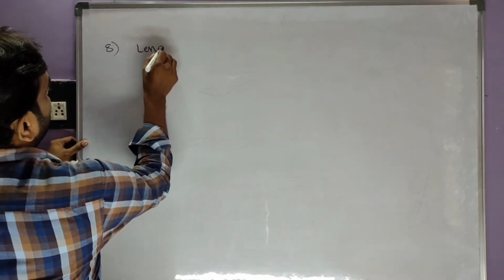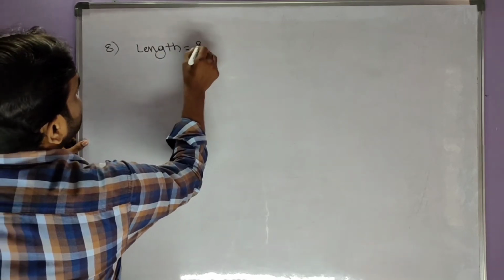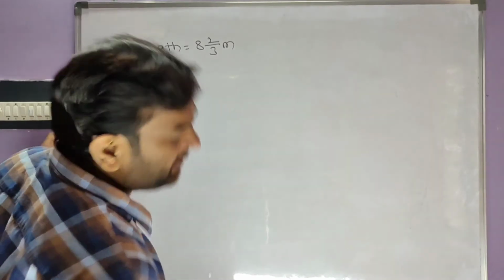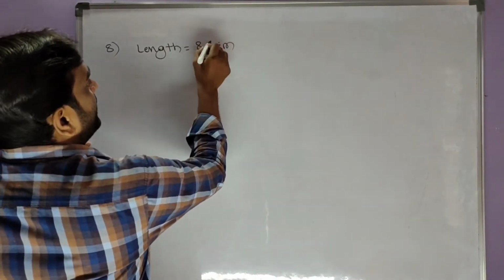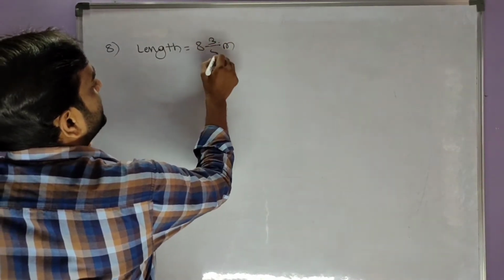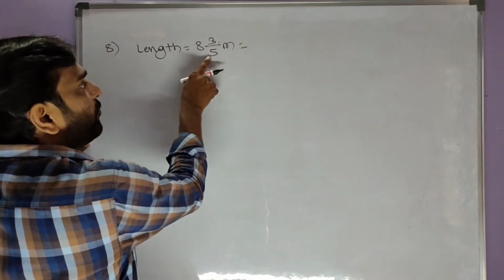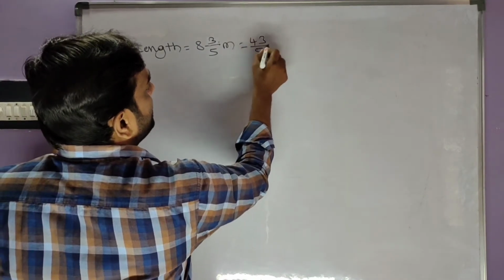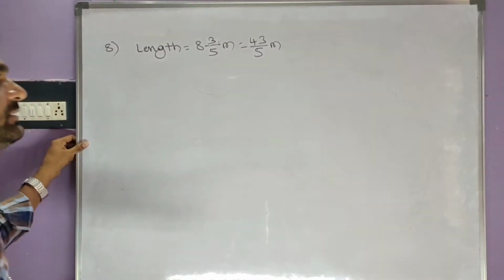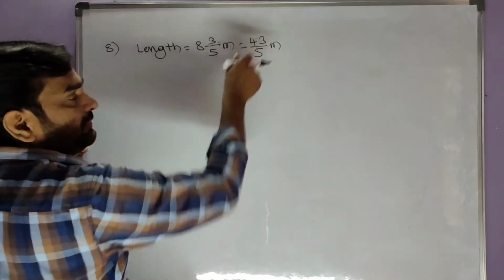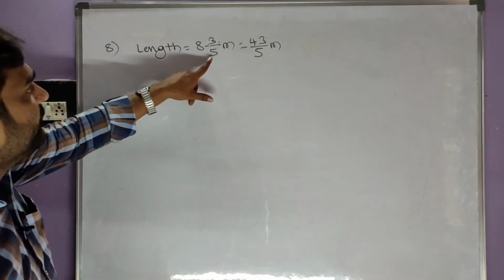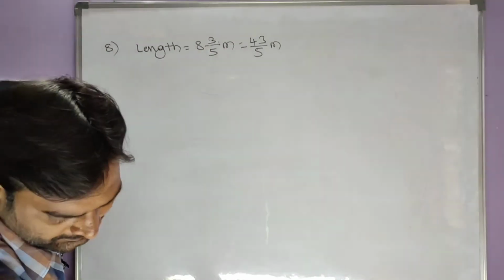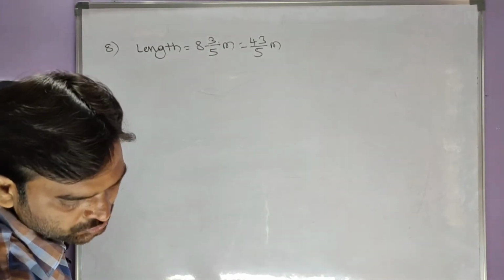Given 3 by 5 meter. It can be 5 eights are 40 plus 3, 43 by 5 meter. Okay. Change this mixed fraction into improper. 5 eights are 40 plus 3, 43 by 5 meter.